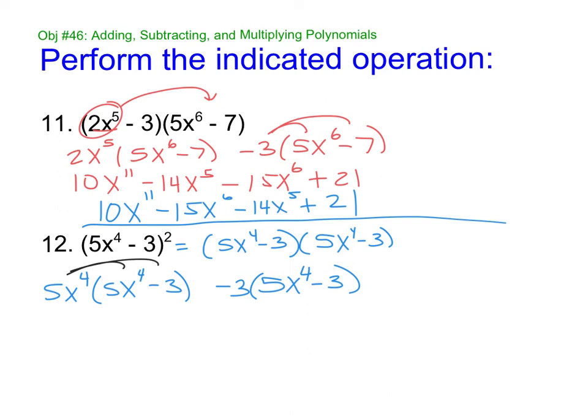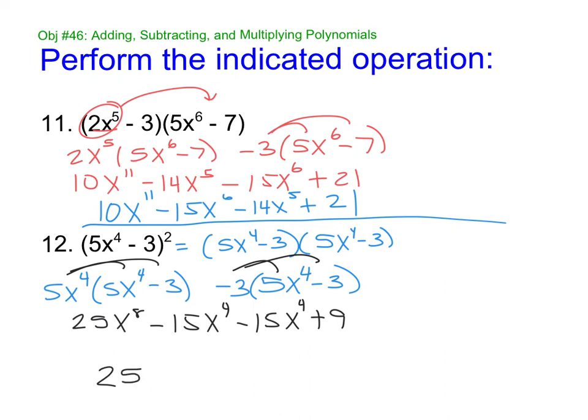Distribute: 25x to the 8th minus 15x to the 4th minus 15x to the 4th plus 9. Watch that distributing. Now, did the middle two combine like this time? They do. Did they cancel? They do not cancel. Stop trying to cancel stuff that doesn't cancel. A negative and a negative stays negative. 25x to the 8th minus 30x to the 4th plus 9. Those add together.